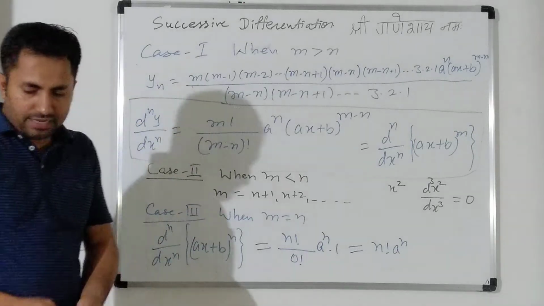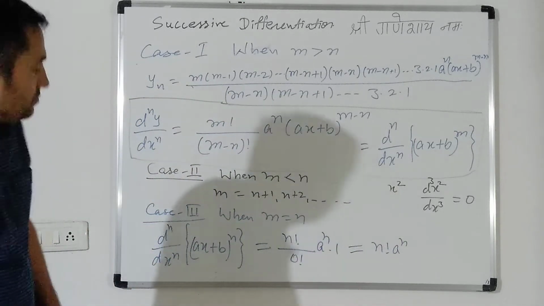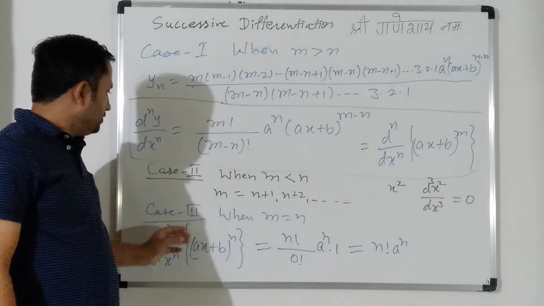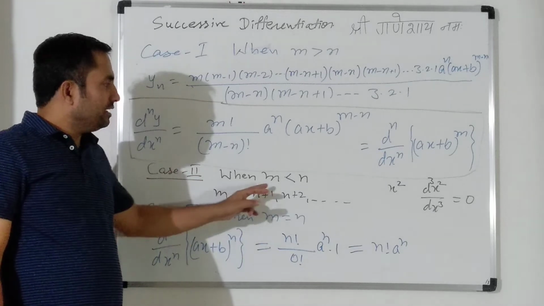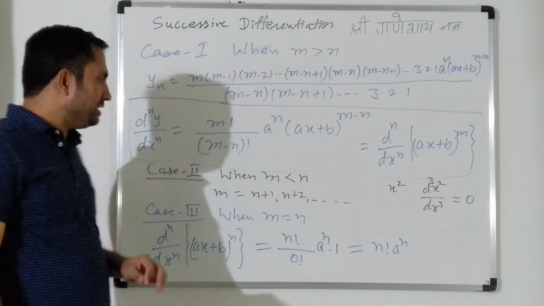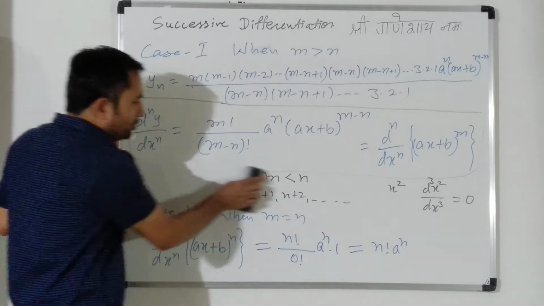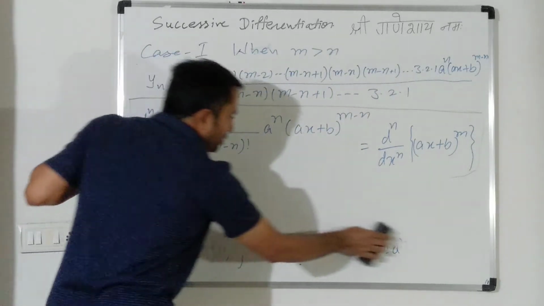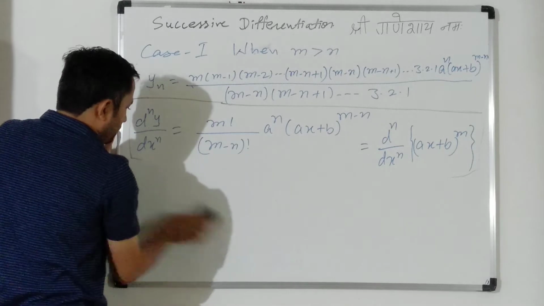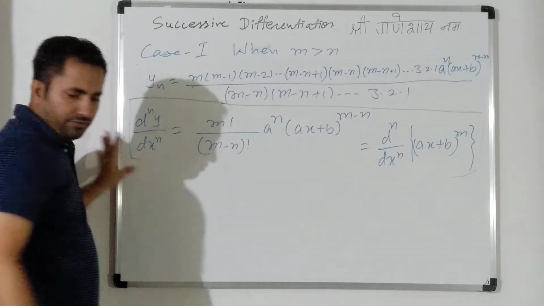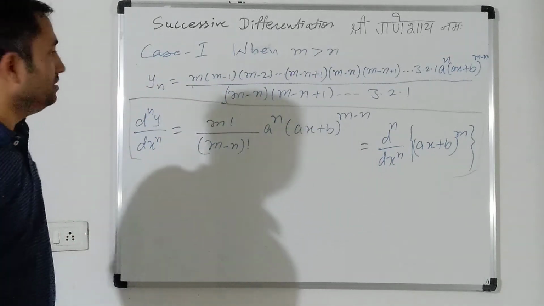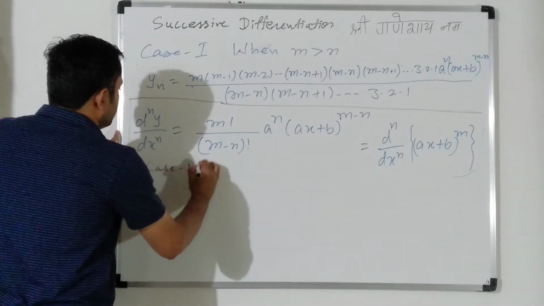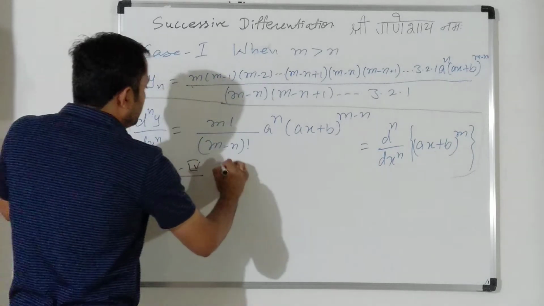Now we have more values. So we have case 4, when m is equal to minus 1. This is the special case that we introduce here, because once you put m equal to minus 1, your function will be different from the previous one.